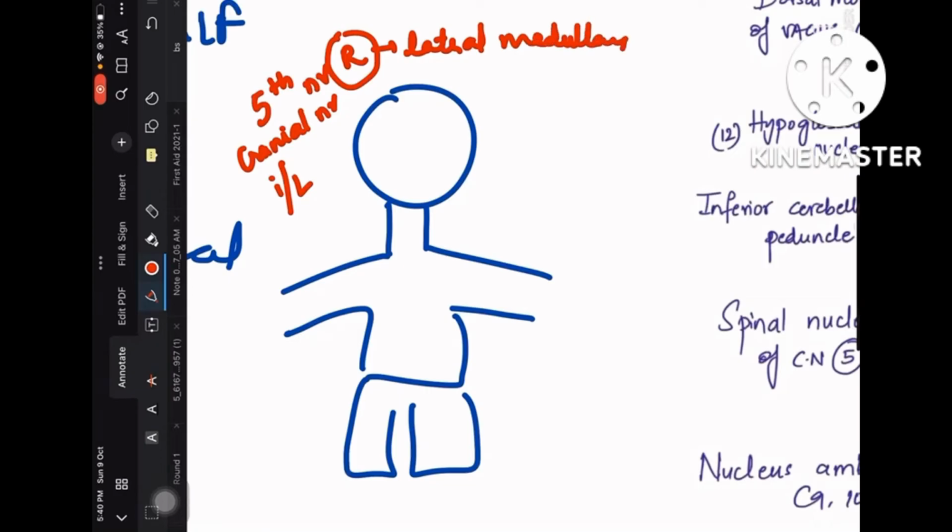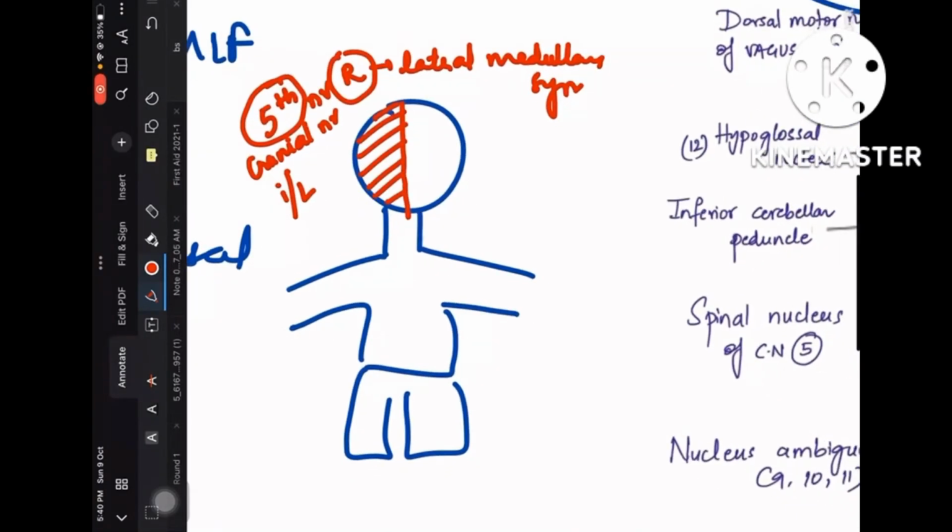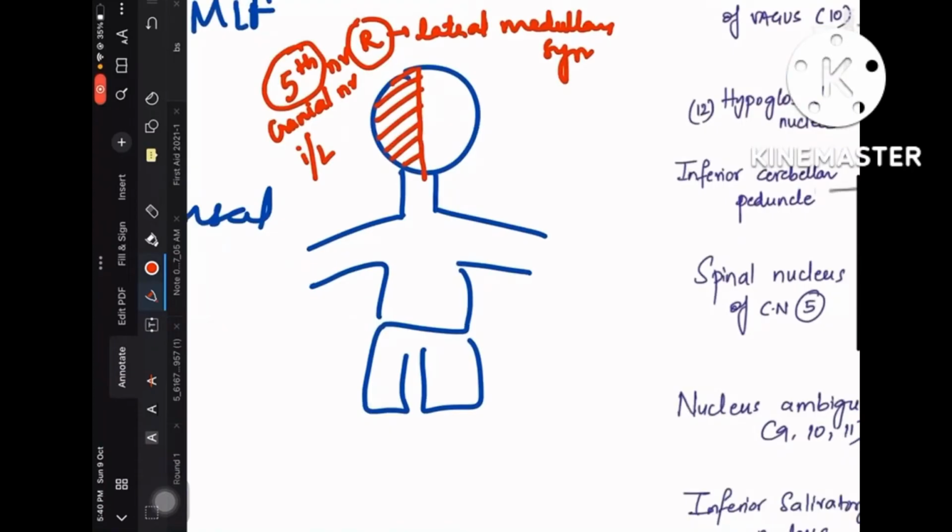What happens? Right-sided fifth nerve lesion, so ipsilaterally, loss of pain and temperature from the right side of the face. Whereas contralaterally from the body it is gone, because the tract that is involved is the lateral spinothalamic tract.